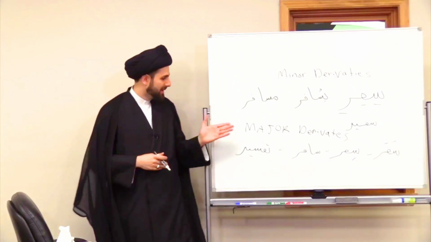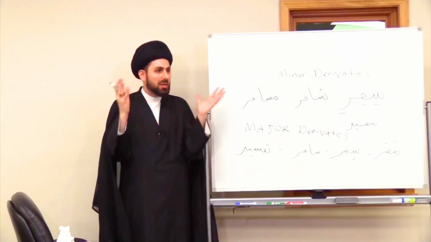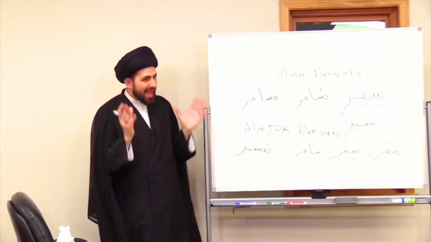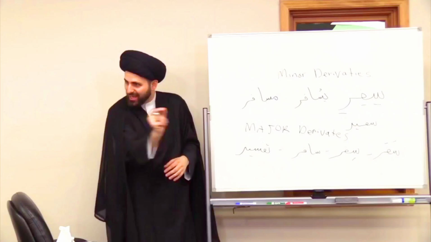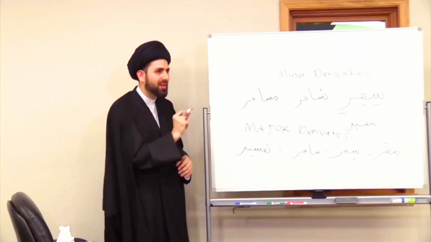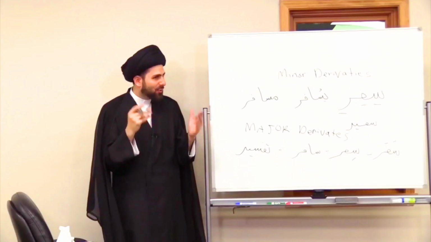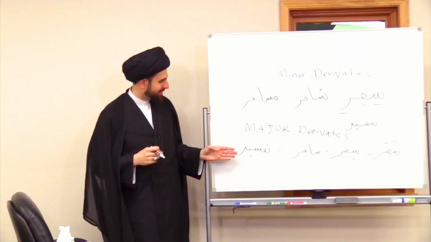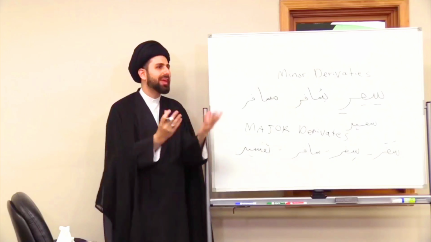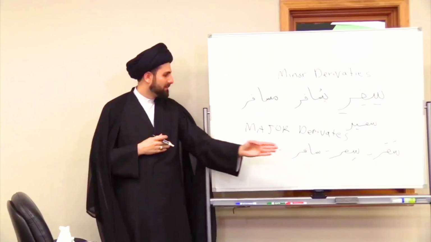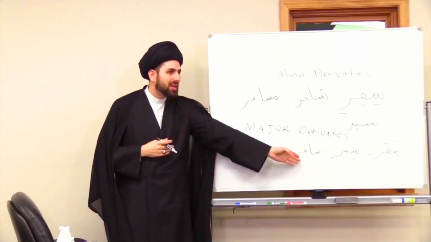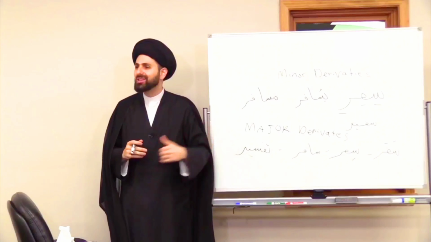Because in Arabic, we said that the root word has a meaning, and that meaning applies to all these words that have the same root, the same masdar, the same source. Now, try guessing. What's common amongst these four words? What do they have to do with each other? Such that in the Arabic language, they put them in the same root word.